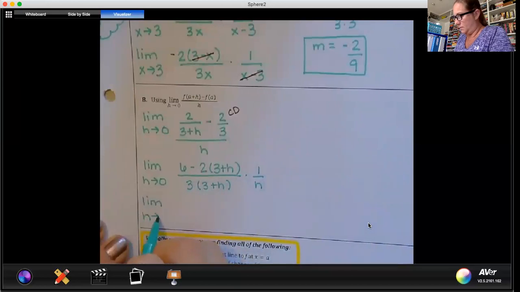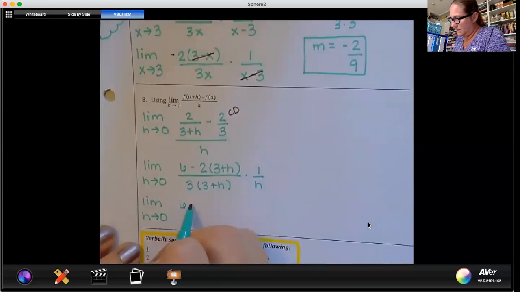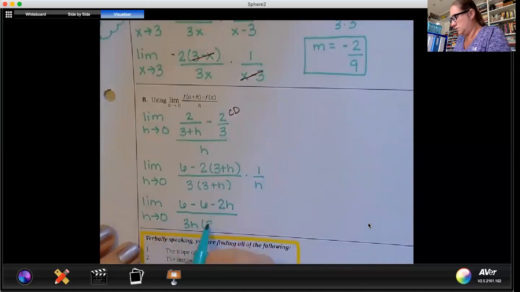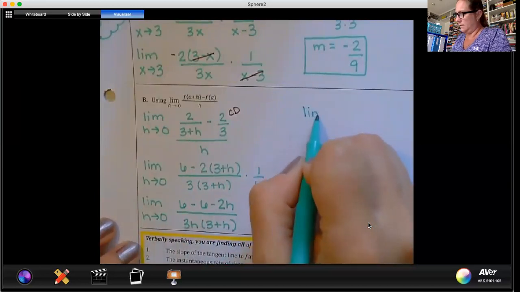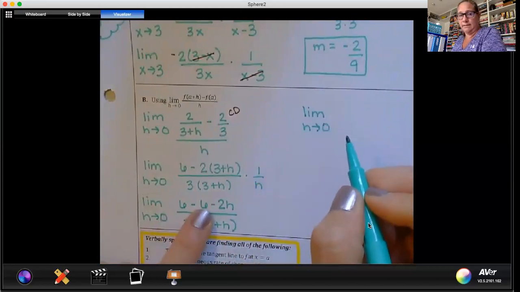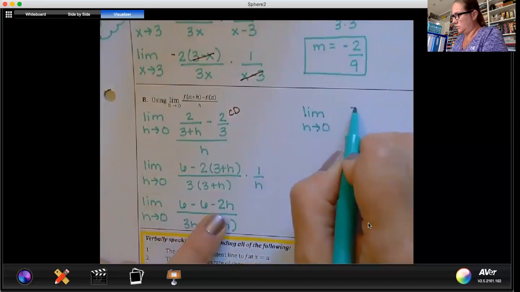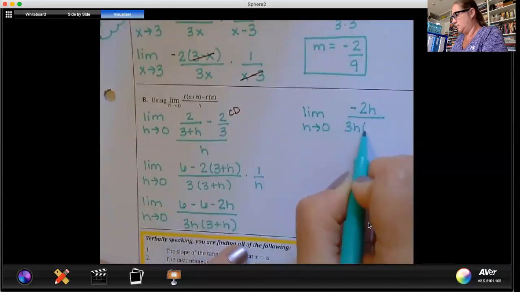The limit as h approaches 0. Clean it up just a little bit. You get 6 minus 2h over 3h times 3 plus h. Simplify. Limit as h approaches 0. 6 minus 6, 0. So negative 2h over 3h times 3 plus h.